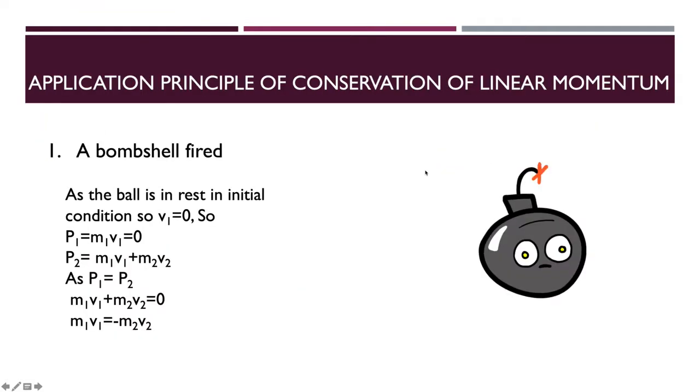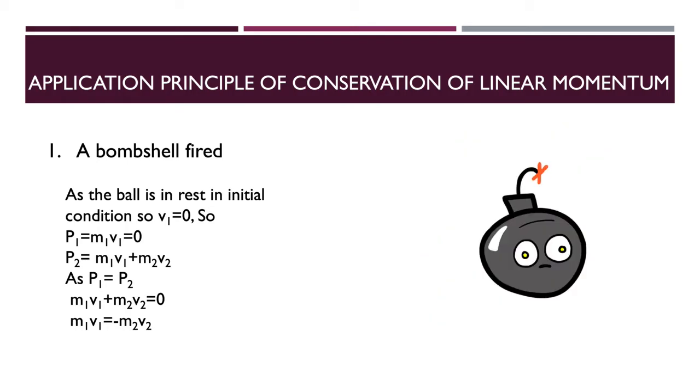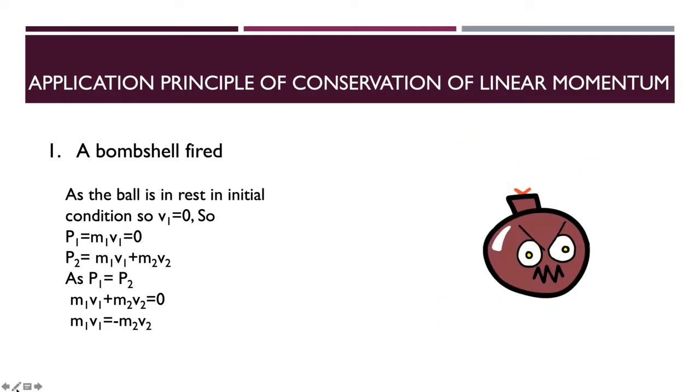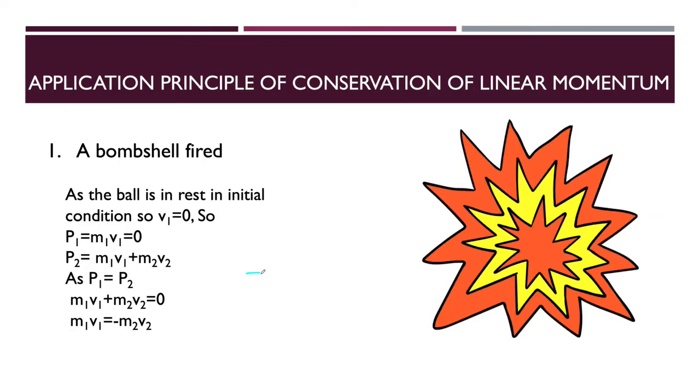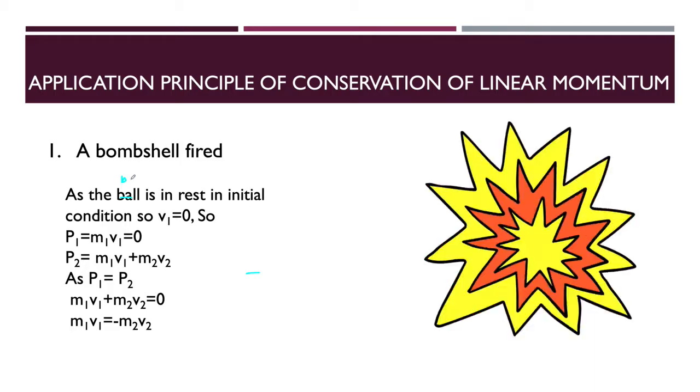Now today we are going to discuss some applications of the principle of conservation of linear momentum. So what is the application? How can you apply this in our daily life? Like you can see it here. Suppose this is a bomb, not a ball.